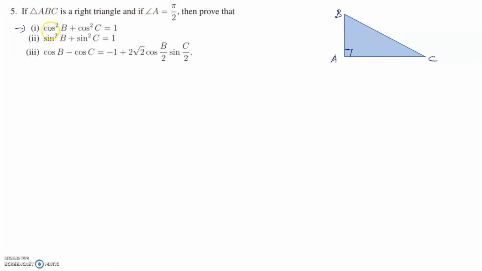Now we have to prove for the first question that cos squared B plus cos squared C is equal to 1.